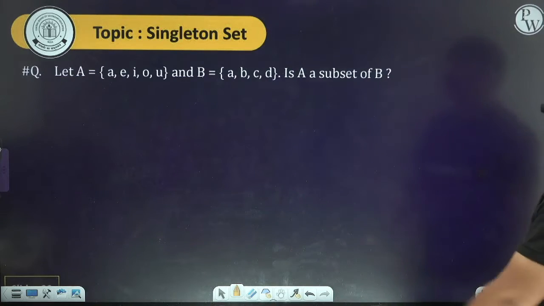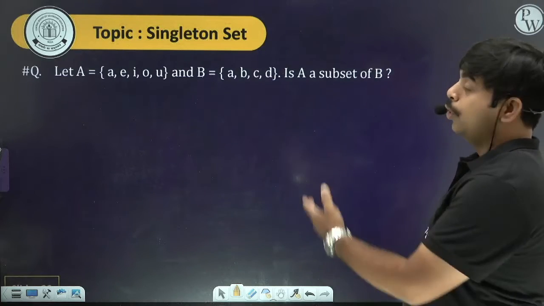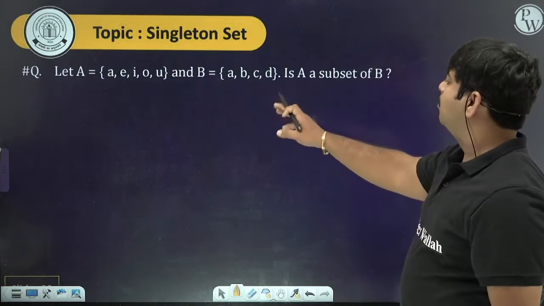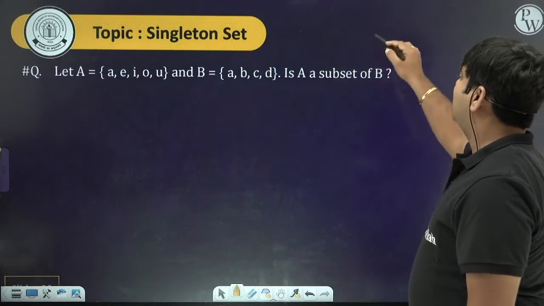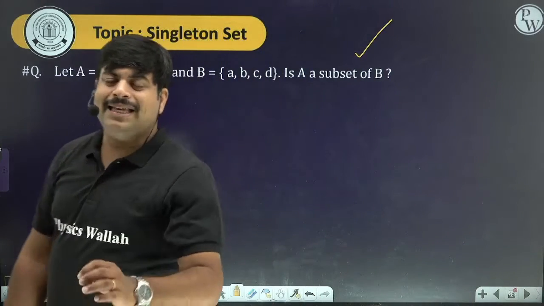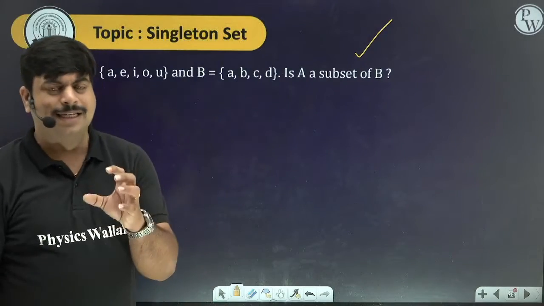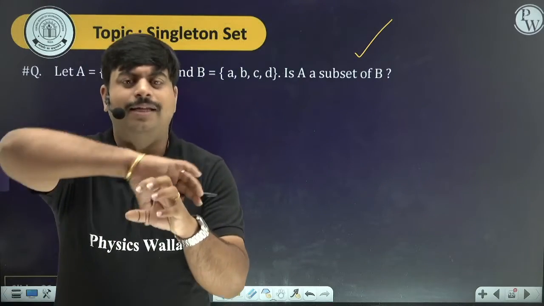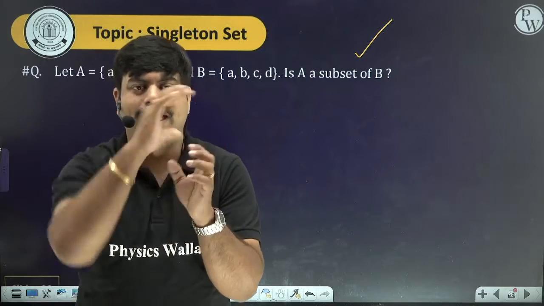Okay, don't worry, people. Let A be equal to {a, e, i, o, u}, all the vowels, and B is equal to {a, b, c, d}. Is A a subset of B? I told you what a subset is. A subset is a small set inside the bigger set, right?